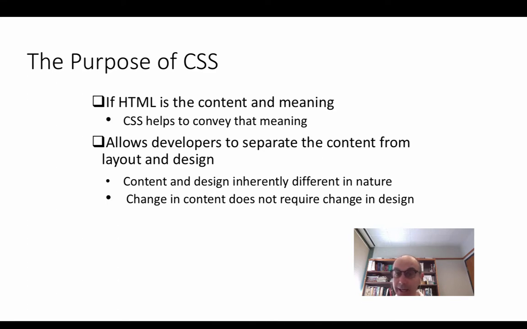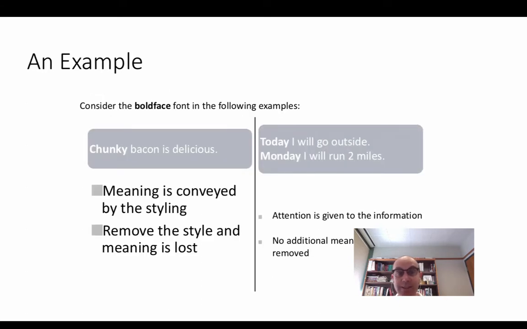So the content of the website will be applied to the design that you dictate in the cascading style sheet. And so a change in the content does not require a big change in the design because you already laid it out in the sheet itself.